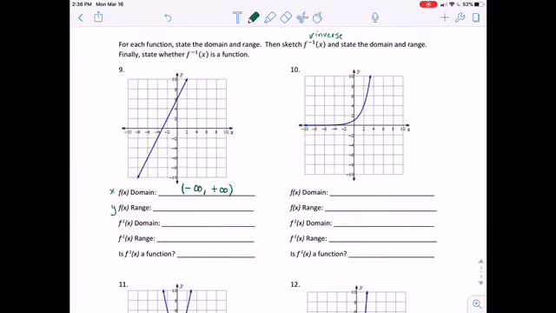Your range is going to be the same thing. The lowest y value we'll ever go to is -infinity, and the biggest y value we'll ever get to is +infinity. So there's our domain and range for this original function.